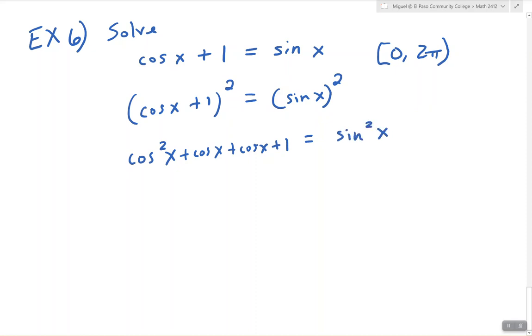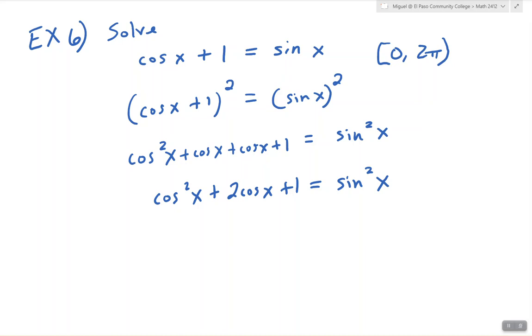We can combine the two cosines on the left side, so we have cosine squared plus 2 cosine of x plus 1 equals sine squared.